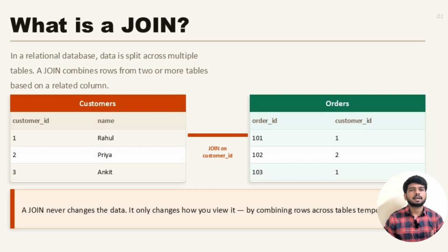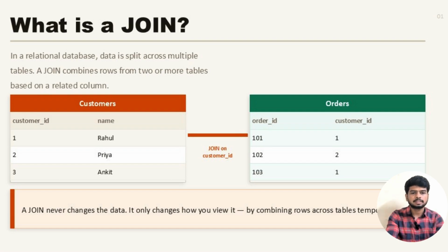Now if I have a question like which customer placed which order, the customer name is in the customers table, but the order details are in the orders table. The data is split into two different tables for one question's answer. So what can be done? For this, join comes into the picture.